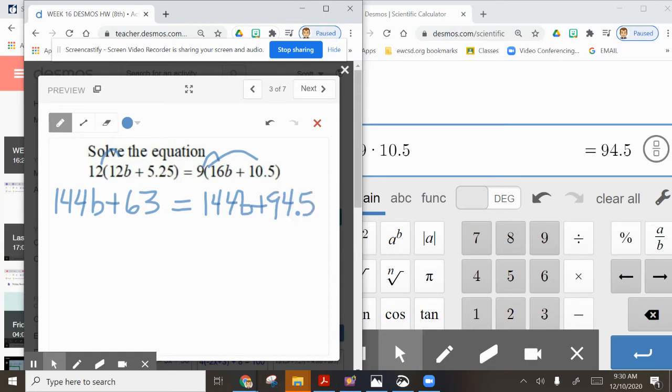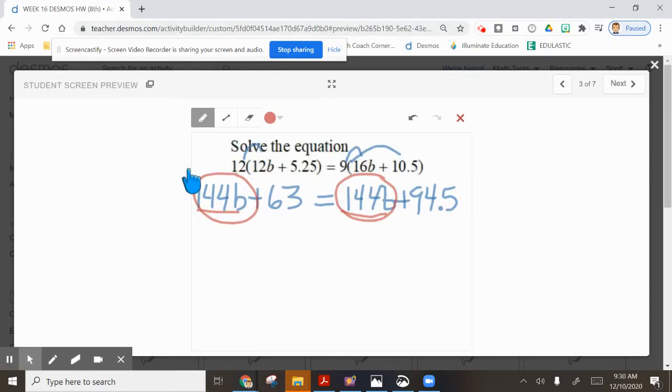I'm going to stop you here because once you've done all this, you need to recognize what's going to happen here. Look at this variable. Now, you would combine like terms. If there were any other b's over here or numbers, you would combine them together. But since this is the last of the variables on both sides, and they're the same, you know it's either going to be infinite solutions or no solutions.